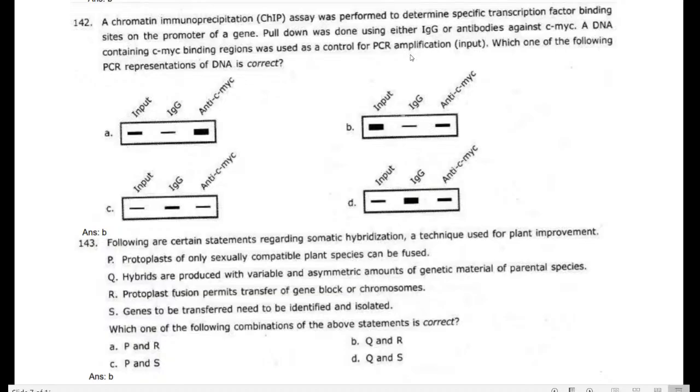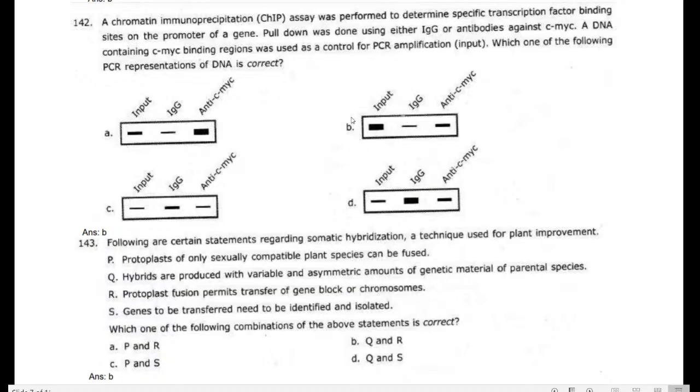Just imagine the story. First, they are doing the PCR. That PCR input has the higher Myc binding domain, the DNA containing the c-Myc binding region.